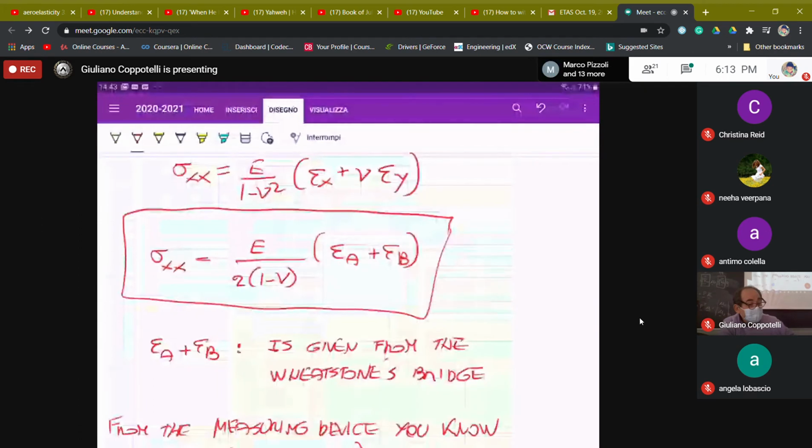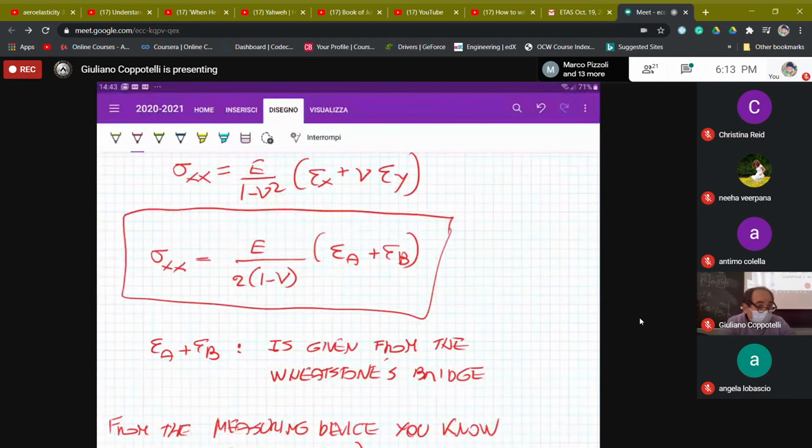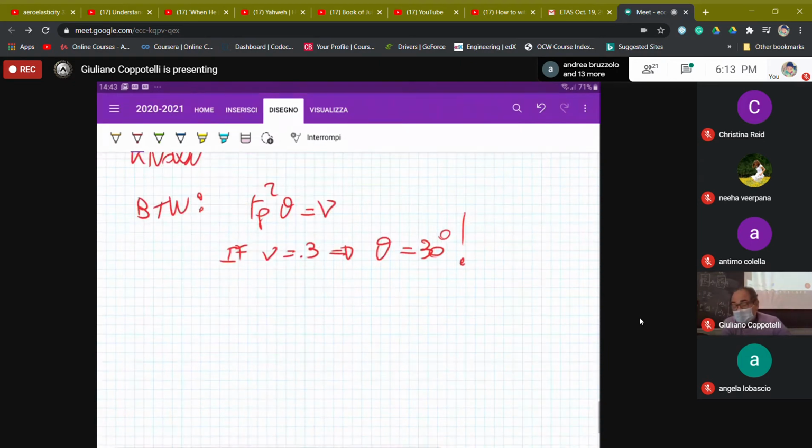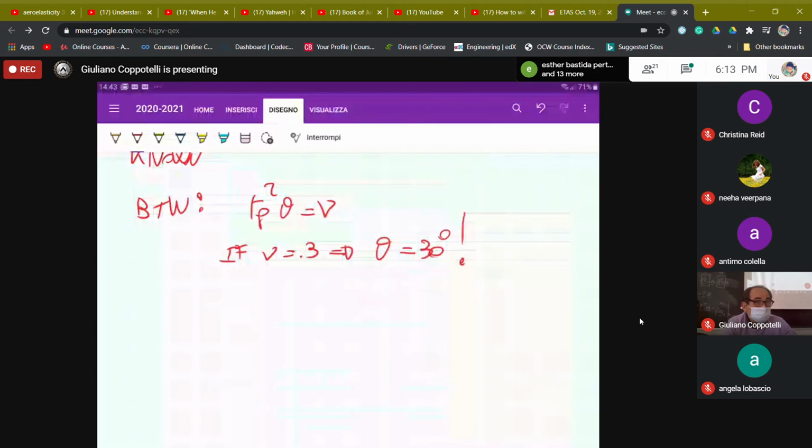A different way of using the strain gauge V configuration comes from evaluating the difference of the two measurements. So instead of evaluating the sum of epsilon A and B, that is the sum of the two strain gauge measurements, let's take the difference.